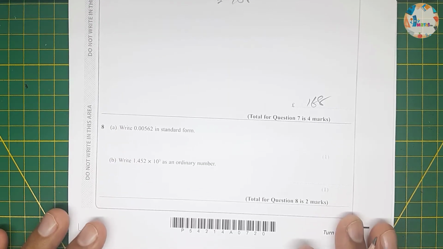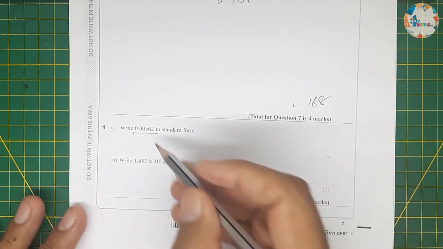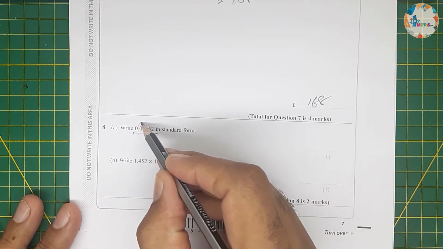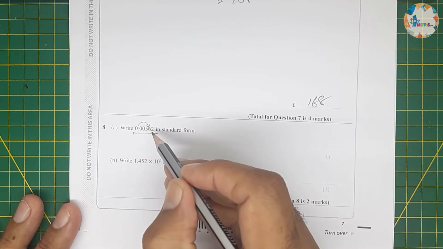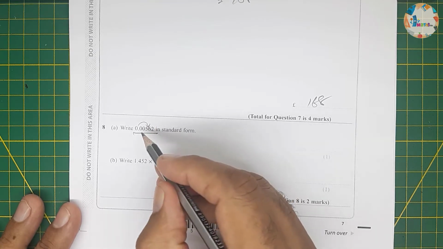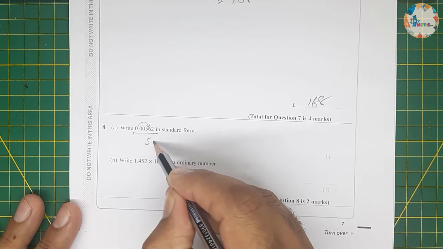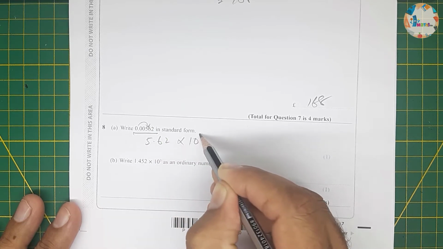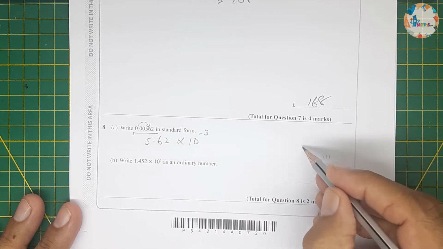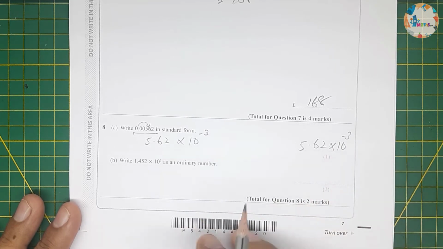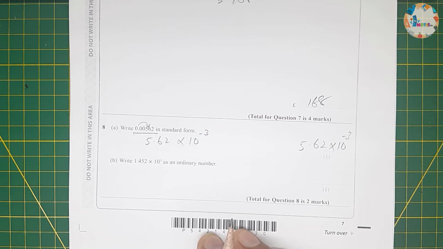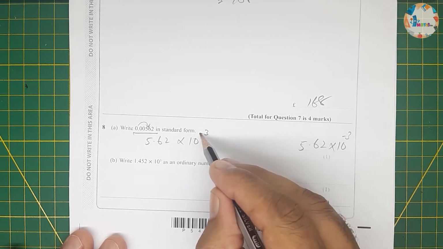Now question number 8, write this one in standard form. In standard form the decimal should be after the first non-zero number, so we'll be shifting the decimal to the right, and it will be 5.62 × 10^-3. So our answer will be 5.62 × 10^-3, because we are shifting the decimal to the right, so it will be minus 3.